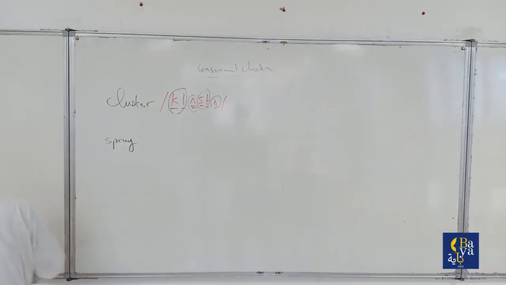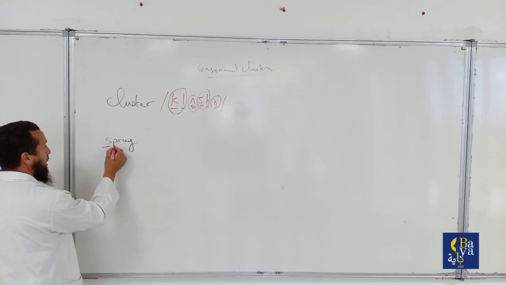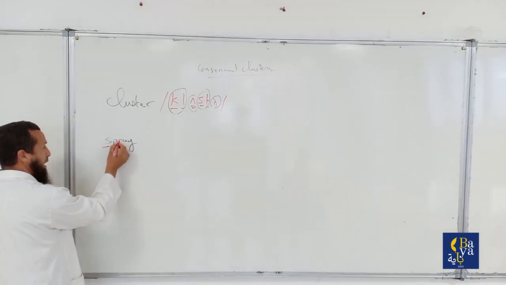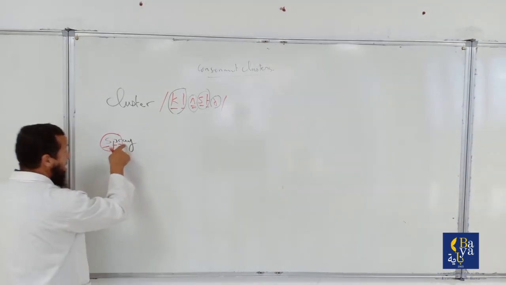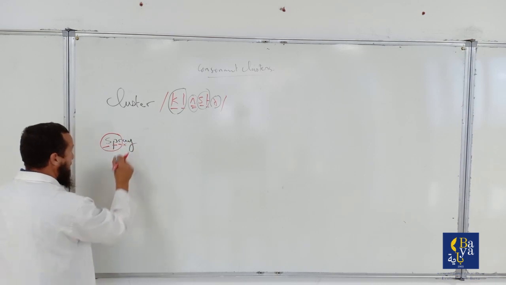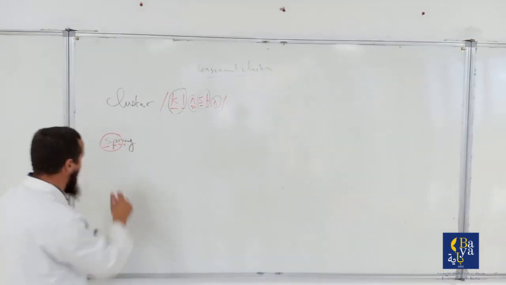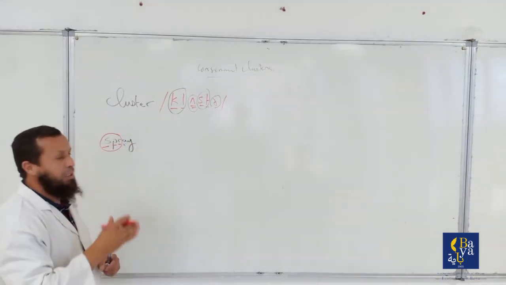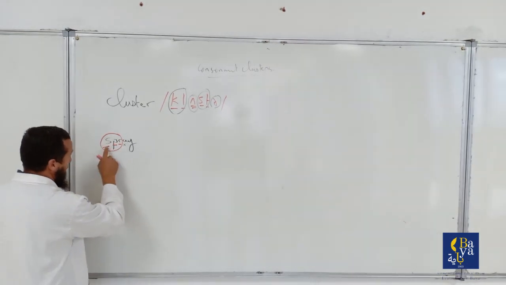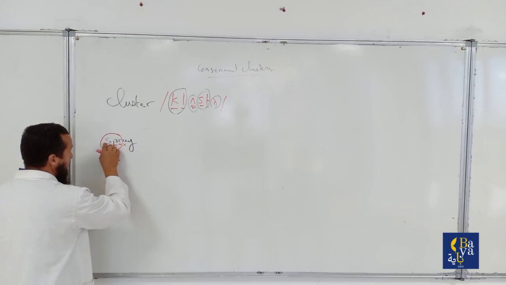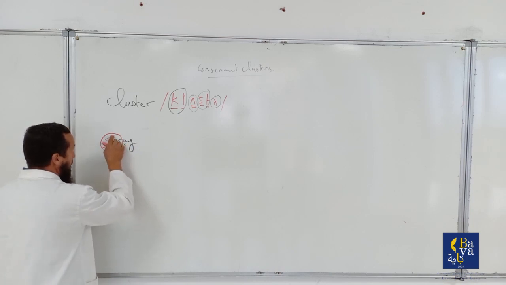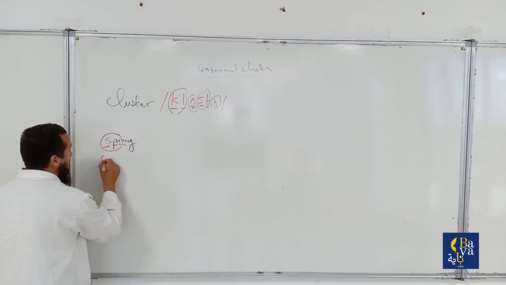We have three consonants and then we have the vowel. It breaks the cluster. So we have 1, 2, 3 consonants without vowels between them. So it is a cluster.